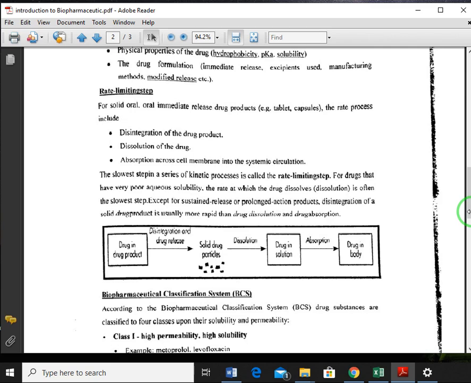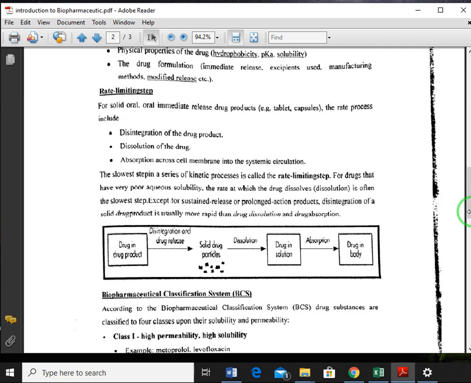The rate process includes disintegration of the drug product, dissolution of the drug, and absorption across the cell membrane into the systemic circulation.